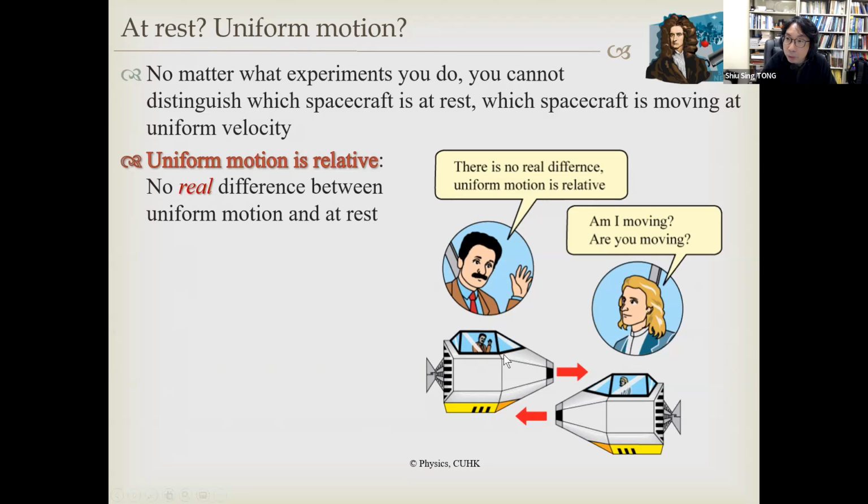But from Einstein's point of view, Einstein is at rest and Newton is moving. There's no way for us to distinguish who is moving or who is at rest. Even if they do any experiment on the spacecraft, they cannot distinguish between who is moving and who is at rest, as long as they are moving with uniform velocity.